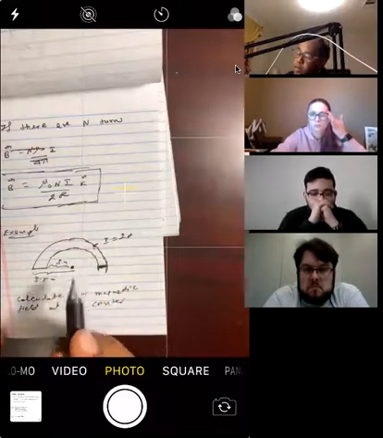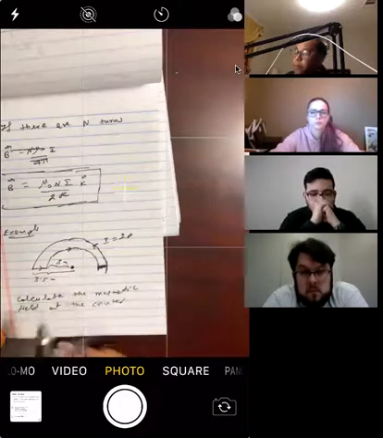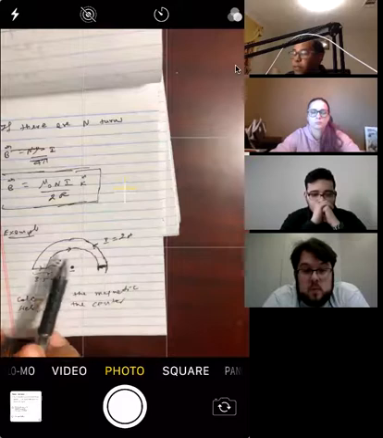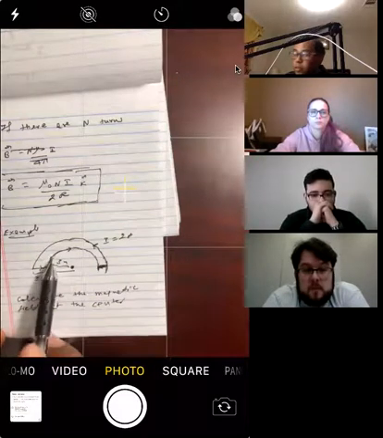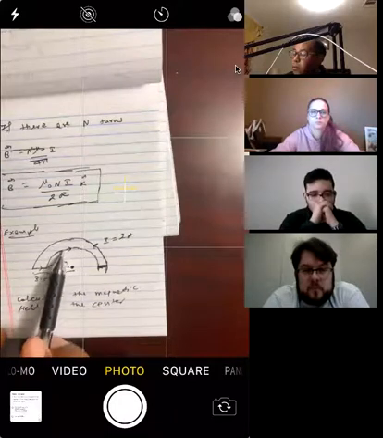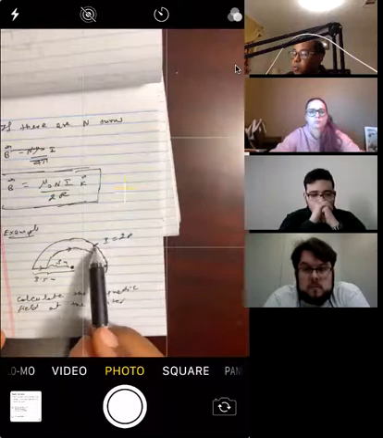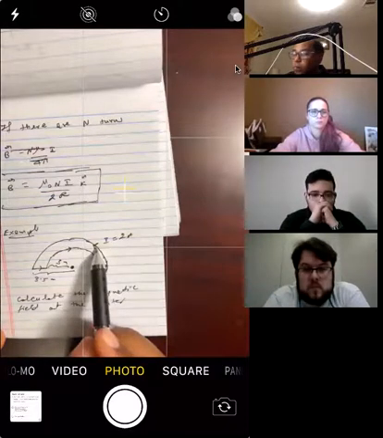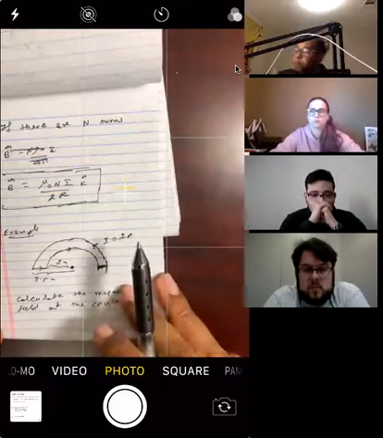So this current is going to go this way. In this wire, the current is going counterclockwise, but in this wire, it's going clockwise. Do you see that? So the current is going to be positive for this one, and negative for this one.